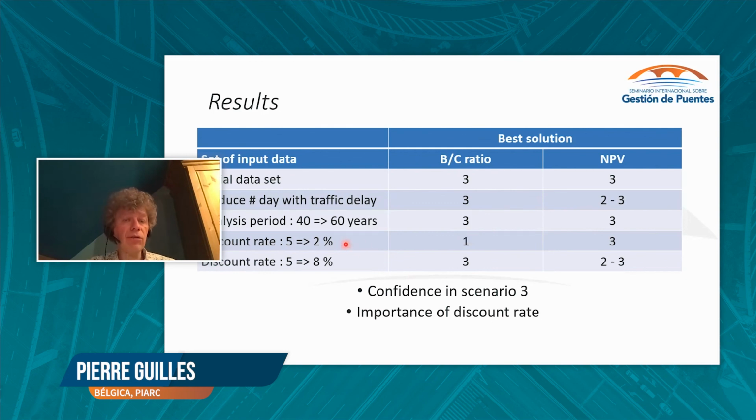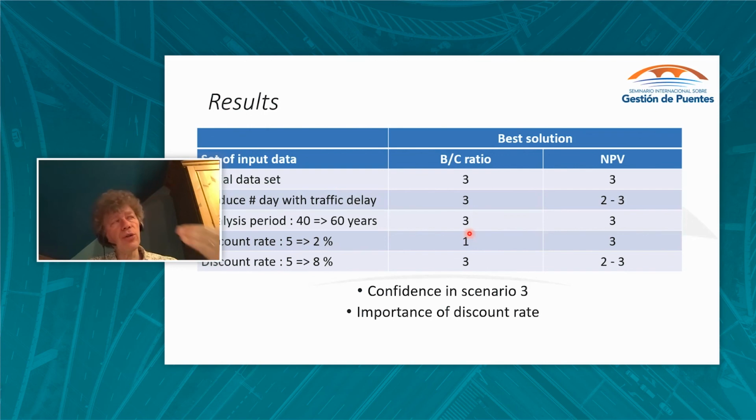That is important. It is evident because when the discount rate is reduced, the expense in the future has a higher impact compared to today. So it's better to rebuild the bridge now than in the future. And if I increase the discount rate from 5 to 8%, scenario 3 remains the best.